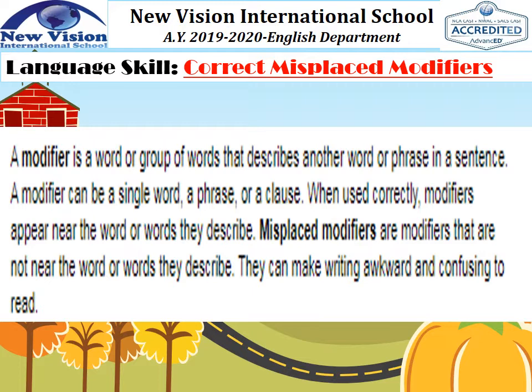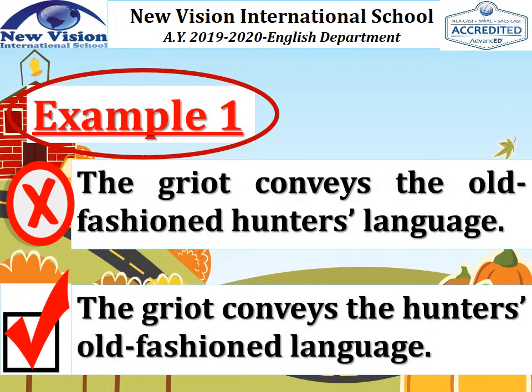Whereas misplaced modifiers, with the word misplaced, it means in a wrong position. You put it in a wrong place. They are modifiers that are not near the word or words they describe. They can make writing awkward and confusing to read. Got the point? Alright. Now, let's check the examples from your book.